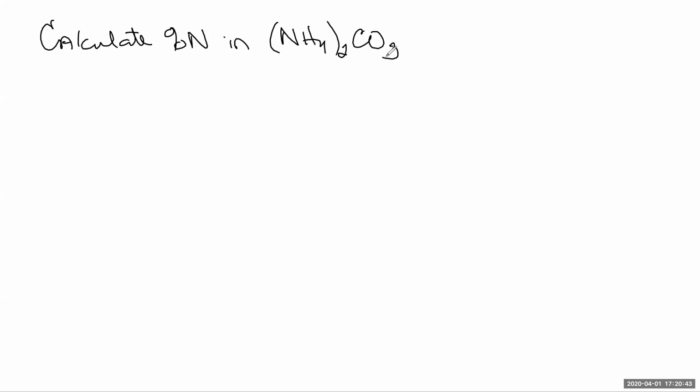NH4 is ammonium, CO3 is carbonate, so this compound would be ammonium carbonate, just to practice some naming. So if you want to pause and try it and then see if you get the same answer, that's a great idea. If you want to just follow along, you can, but make sure you know how to do this.